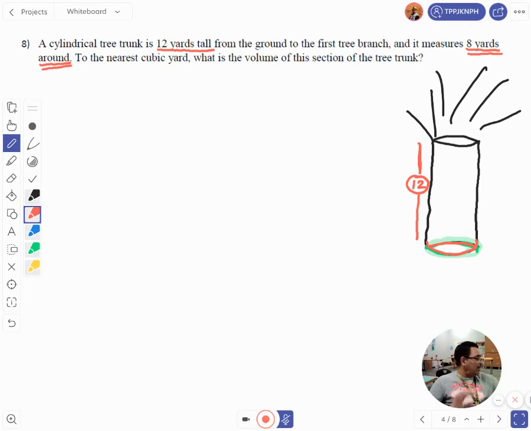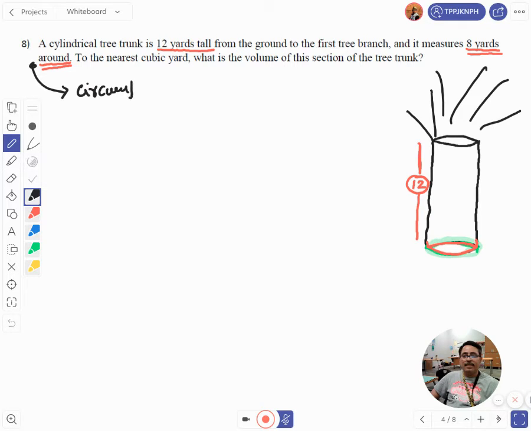Let me take a cylinder quickly. If you take a cylinder and it says around, the question is about the circumference. Therefore, I have to take this part as the circumference.